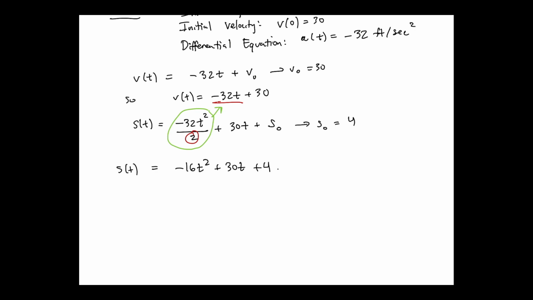But let's think, how could we find that? What's true at the moment the thing hits the peak? Its velocity is 0. That makes sense, because what's the velocity when the thing just leaves my hand and is going up? The instant it leaves my hand, it was 30 feet per second.